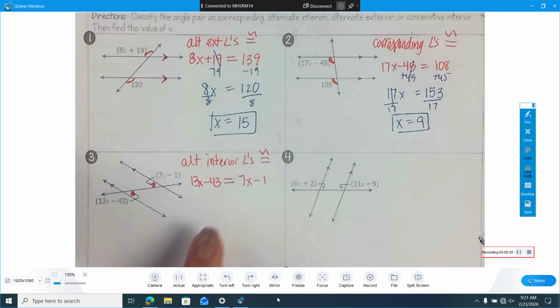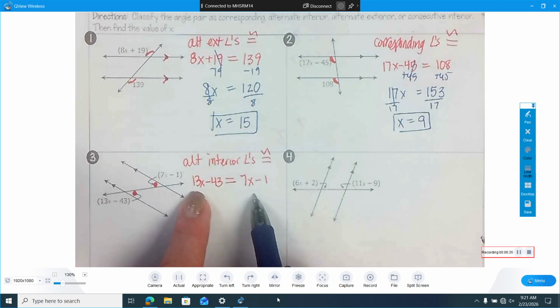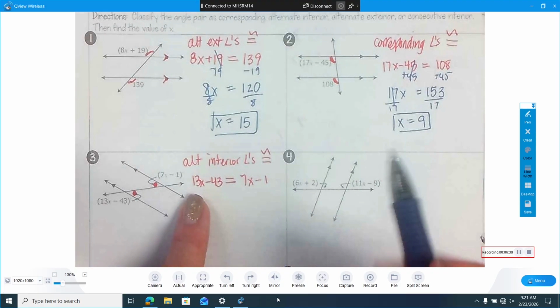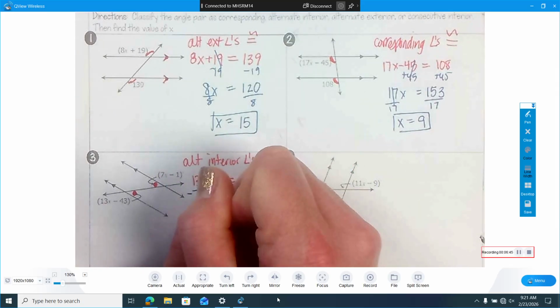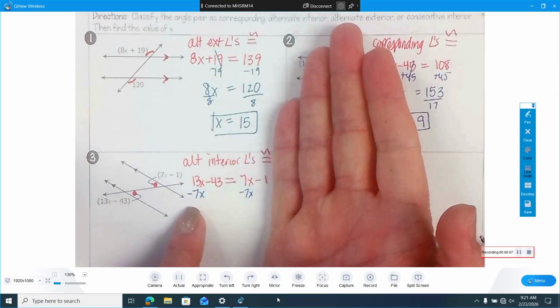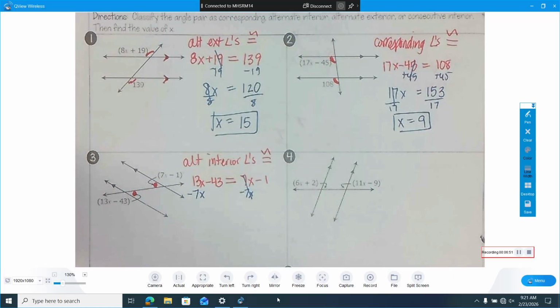All right, now this one is a little bit different. In this equation, we have x's on the left side and the right side of the equals. So how do we solve these? Letters to the left. Very good, ladies and gentlemen. I'm going to subtract 7x from both sides. We want all our letters on the left-hand side because that just makes our lives a little bit easier.